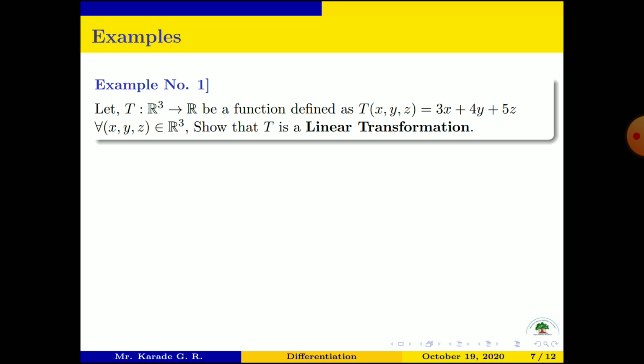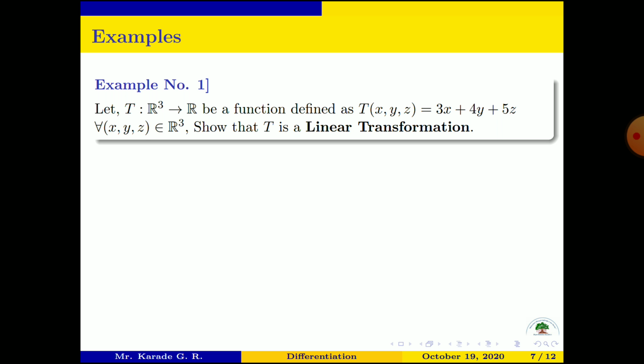T of x, y, z is equal to 3 times the first component plus 4 times the second component y plus 5 times the third component z. So the definition is very simple.